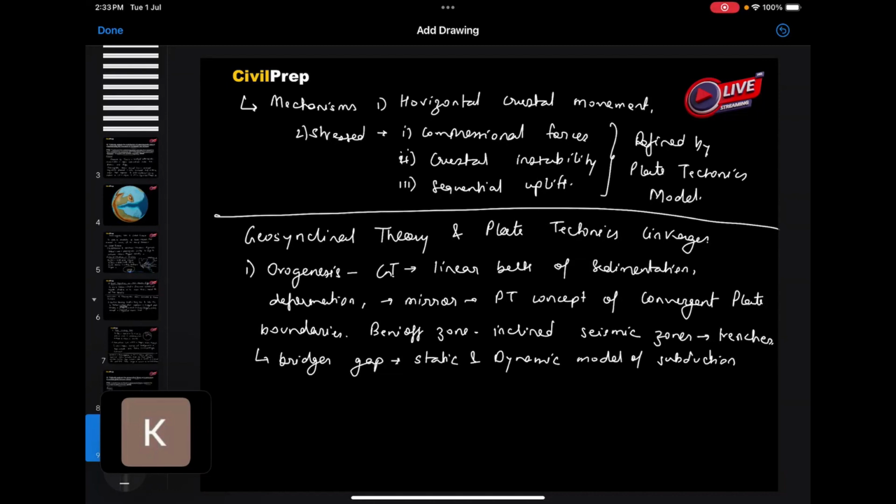Now, apart from this, the second part is sedimentary basins as tectonic markers.